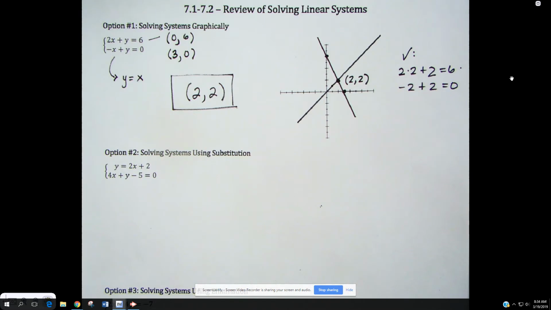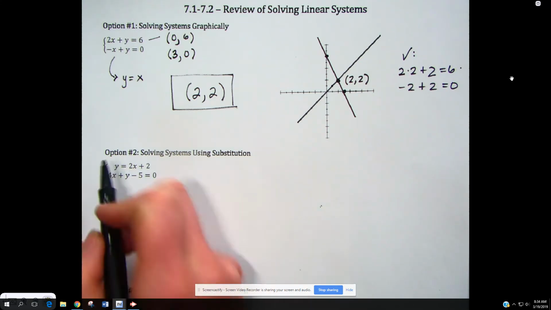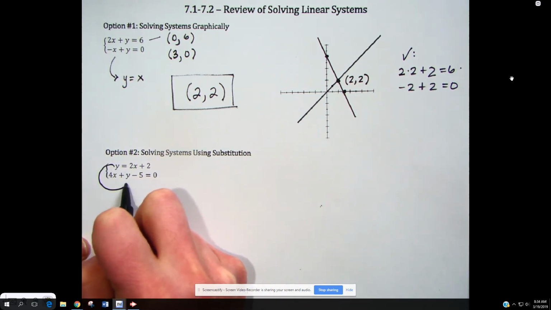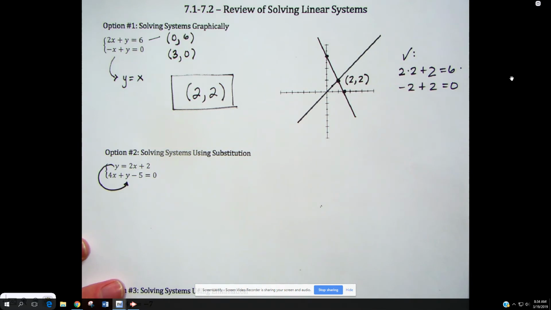I typically choose substitution as a method when one of the equations is written in this form, because then it's really simple for me to just notice that I can pop in that rename, 2x plus 2, instead of using y in the second equation.